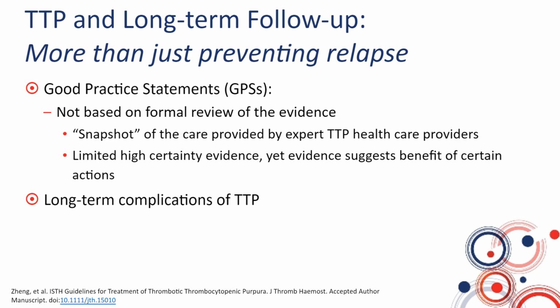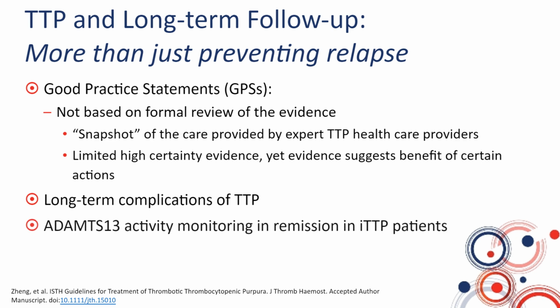Vascular issues, mood disorder, as well as many other chronic complications can be seen in patients. And much of the mortality that can be seen in patients with a prior history of TTP is indeed not related to acute TTP episodes, but can be ascribed to these long-term complications, I believe. And again, ADAMTS13 activity monitoring in remission in iTTP patients is very important. Again, now to predict this risk of relapse, but it may become important to try to predict the development of long-term complications of TTP.